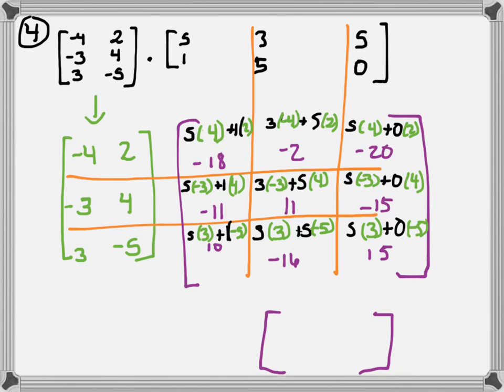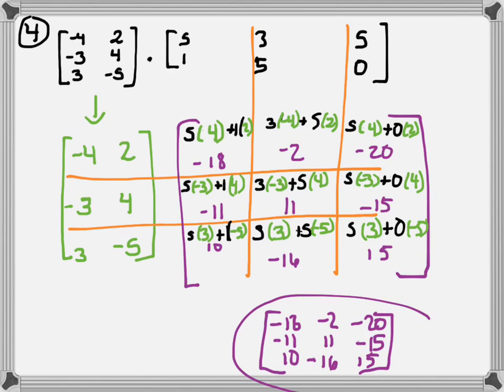And so that matrix is negative 18, negative 11, 10, negative 2, 11, negative 16. And the last column, negative 20, negative 15, and positive 15. That's the answer.